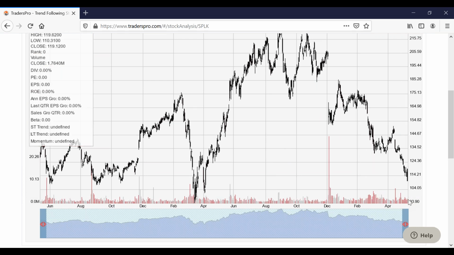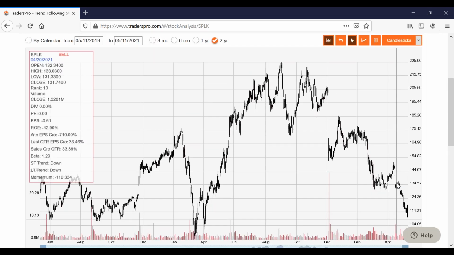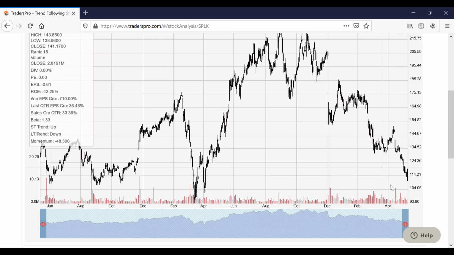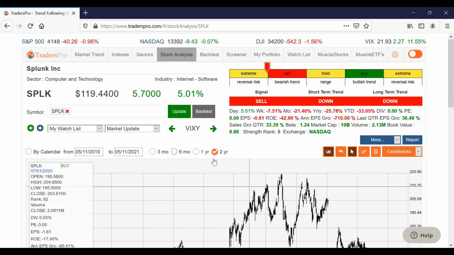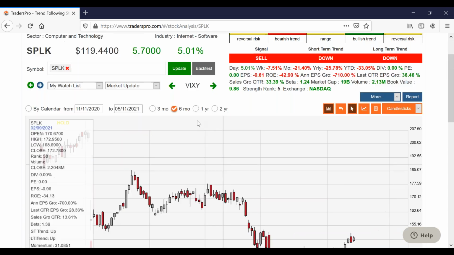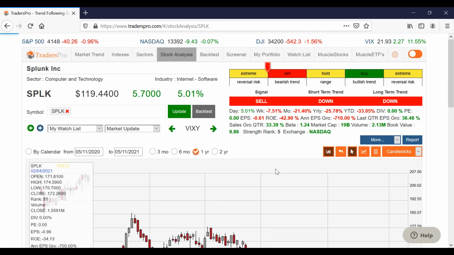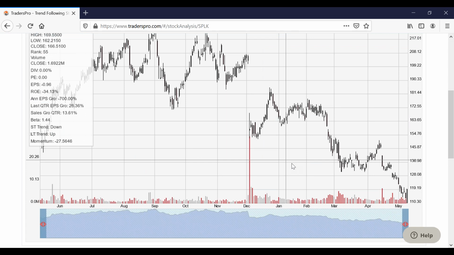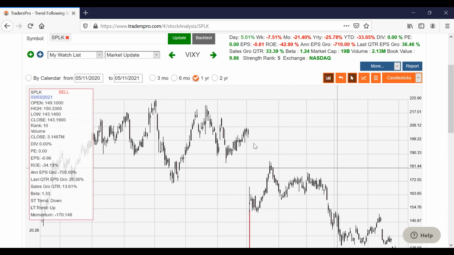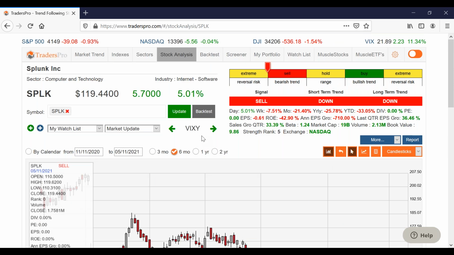It looks like, from what I can see, volume is very close to being higher than yesterday. So it looks like the volume would be okay on that one. Let me go back to a 6-month chart here. Let me see a 1-year chart. Maybe a 1-year chart will let us see the volume. No, it's kind of in the way there. Anyway, that one looks like a good one.